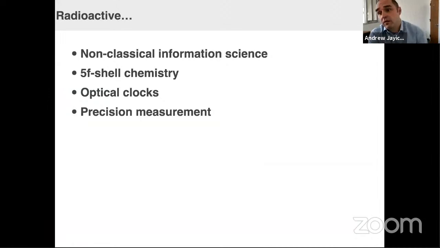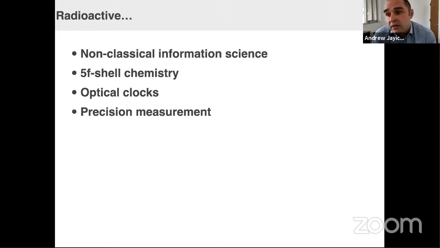As Shimon pointed out, our group is working with an element that's entirely radioactive. And so you might ask, well, Andrew, you better have some pretty good motivation to be working with a species that's entirely radioactive. Several years ago, before we started our work, I would say, yeah, I agree with you. We really do need some strong motivations.